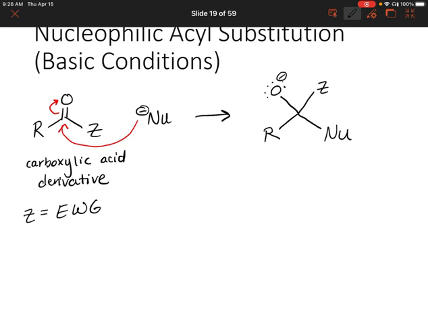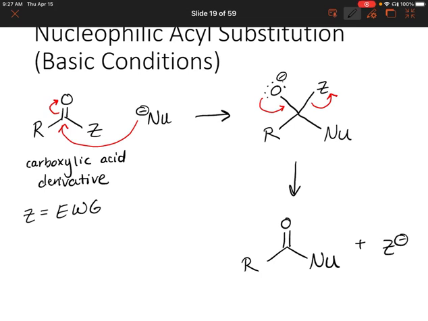Now, because we have a leaving group, what we can now do is reform that double bond between oxygen and carbon and kick out our electron withdrawing group, which is also our leaving group. And then finally, we get our new product. And then our leaving group will be negatively charged.